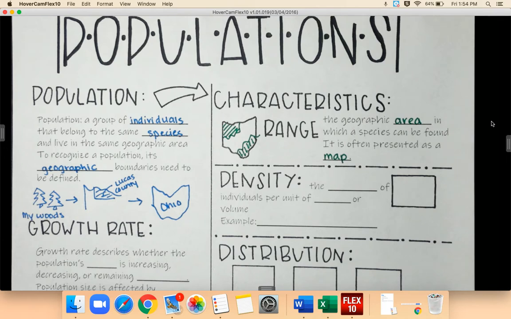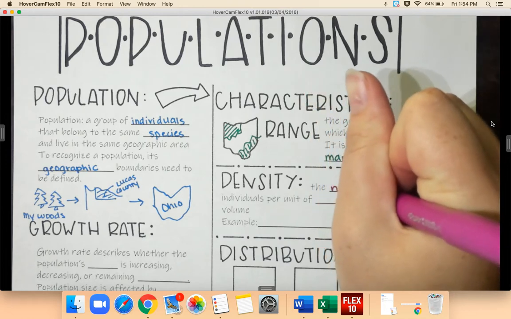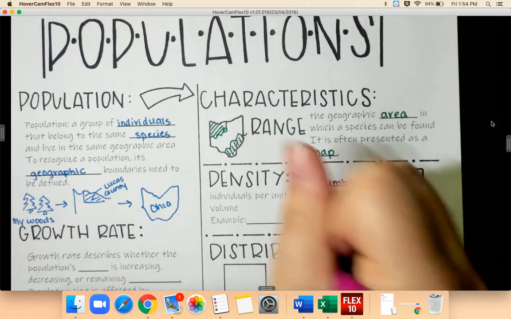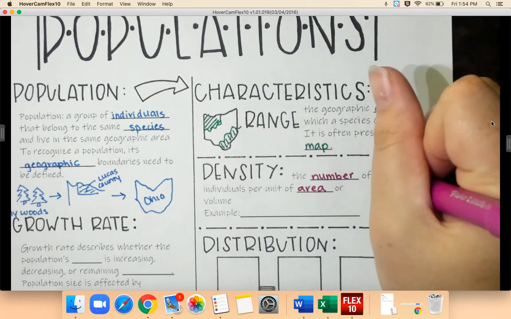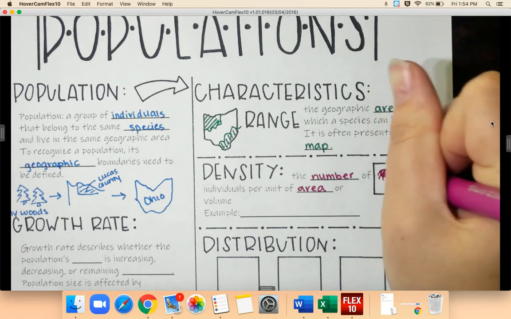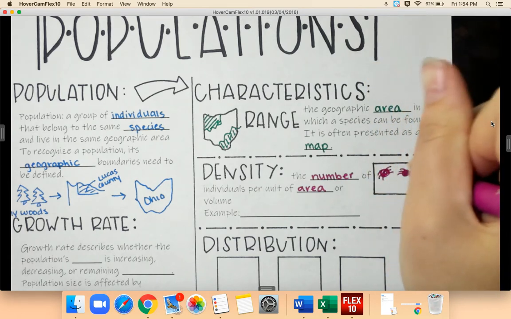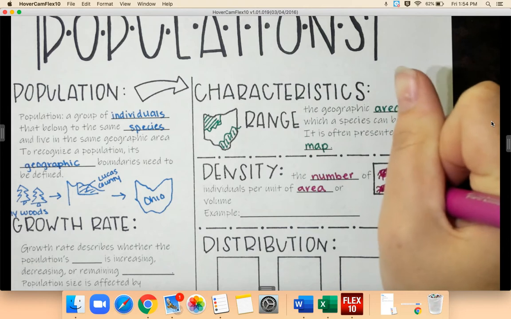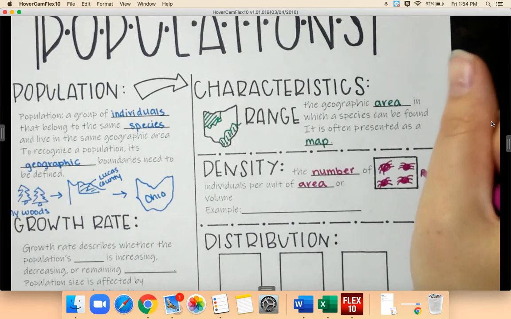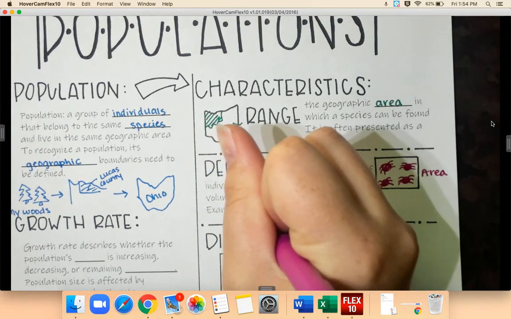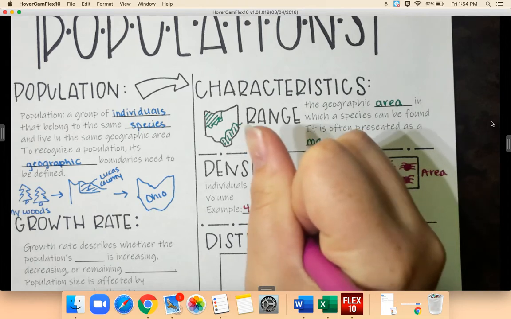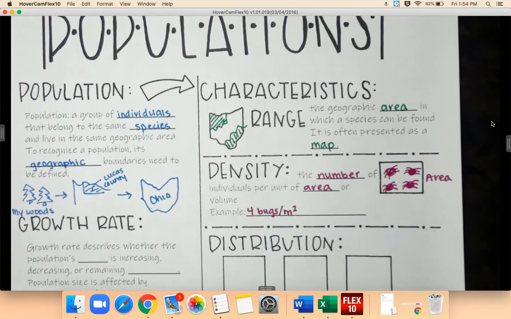The next characteristic of populations is density, and that's the number of individuals per unit of area or volume. So for example, maybe we have 4 bugs in this little area. This would be 4 bugs per, let's just say, meter squared.